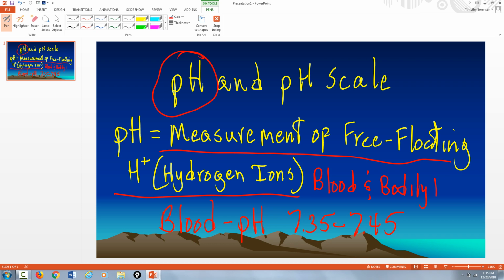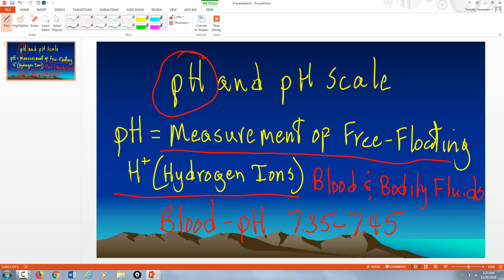Some of you may work in a doctor's office or a hospital, and one of the things you have to do is measure the pH of urine. The reason that's important is that a doctor can tell, based on the pH of the urine, kind of what's going on in the blood.